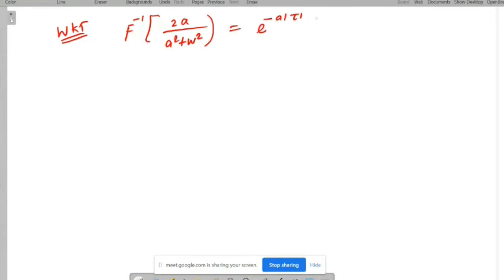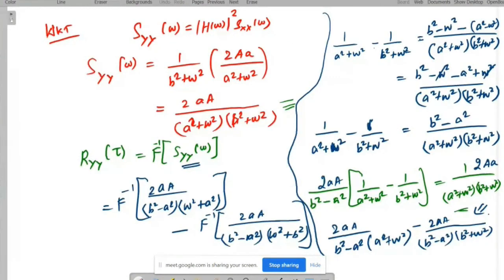Now I am going to apply this result, taking capital A by b square minus a square as a constant. In the remaining part, you have 2a into a square plus omega square. Please see the left-hand side. Here, if you want to apply this formula, you want to include b in the numerator.